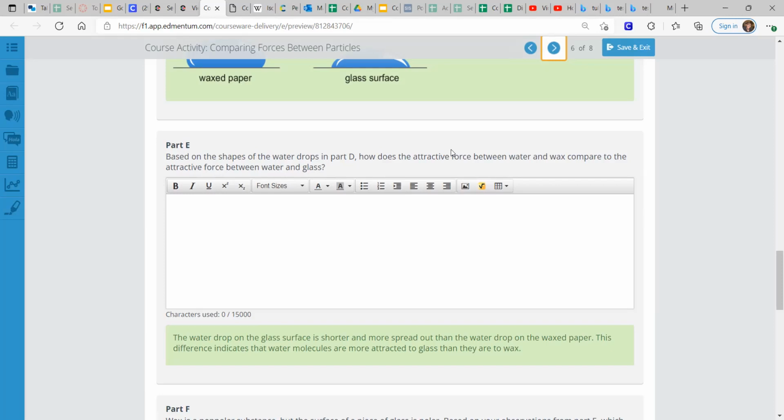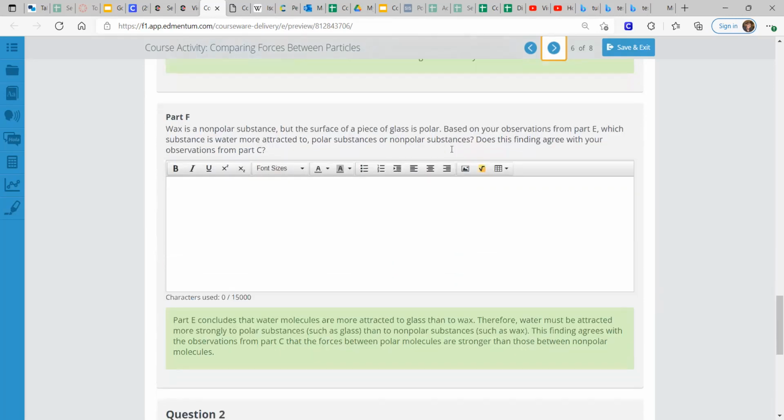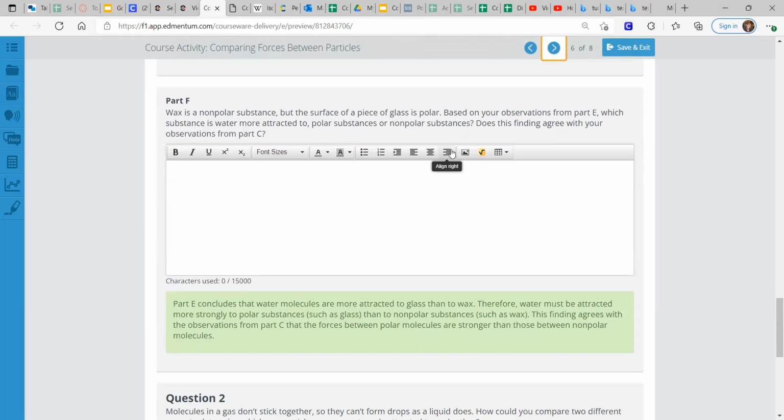The water drop on the glass surface is shorter and more spread out. This difference indicates that the water molecules are more attracted to glass than they are to wax. Wax is a non-polar substance, but the surface of a piece of glass is polar.